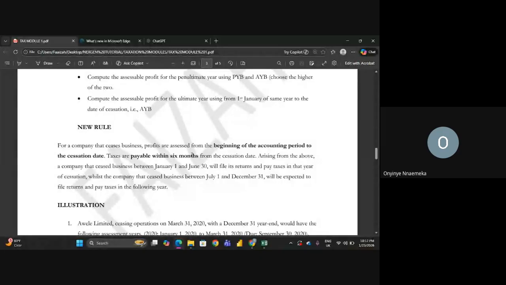The year of assessment is the year that you pay your tax. If the 6 months fall into that year they cease business, then that year is their year of assessment. But if the cessation date falls between July 1 and December 31st, then their year of assessment is going to be the following year. Please let me illustrate this.